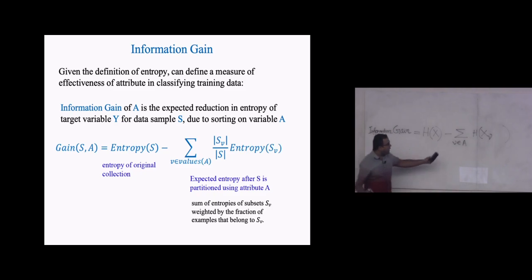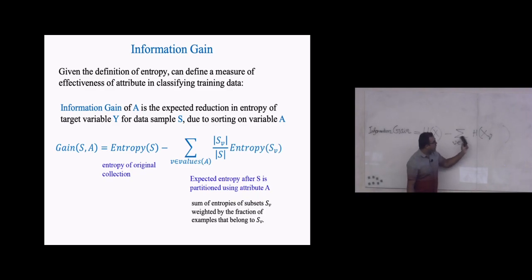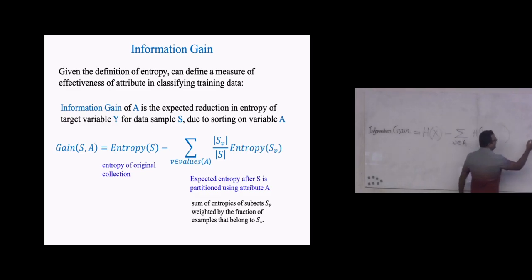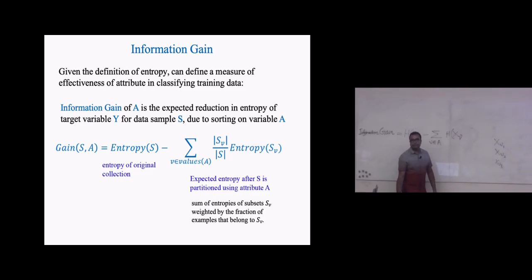But in that case, because you are summing over, you need to do a weighted average as well. Because maybe X has 3 different values: XV1, XV2, and XV3, right? So you need to take the weighted average of XV divided by entire X, the size of your data.